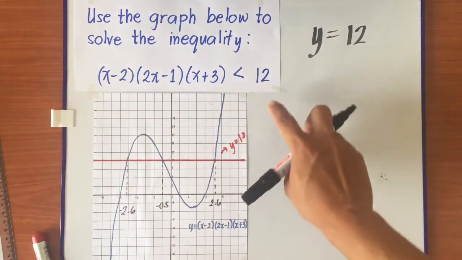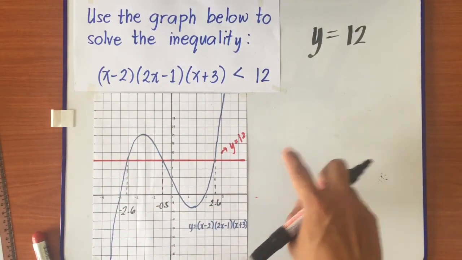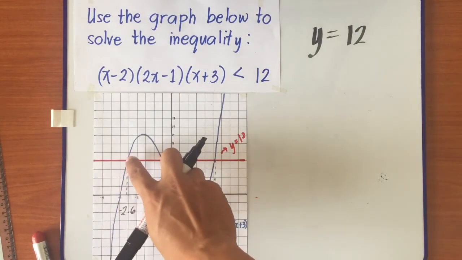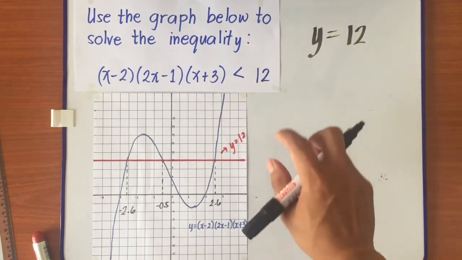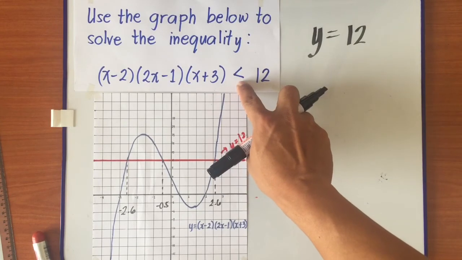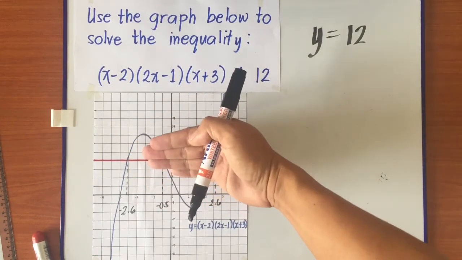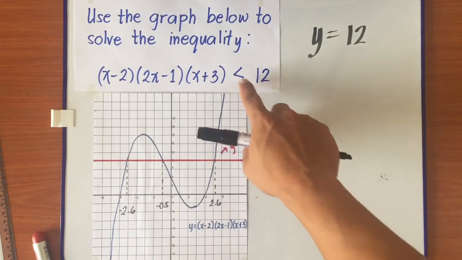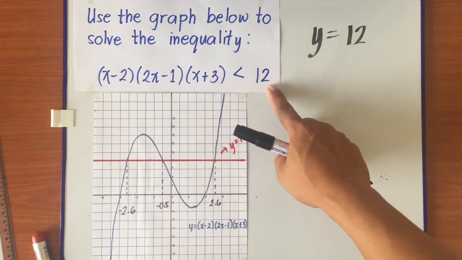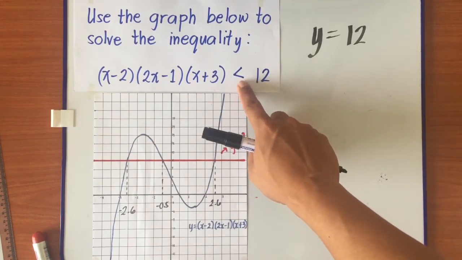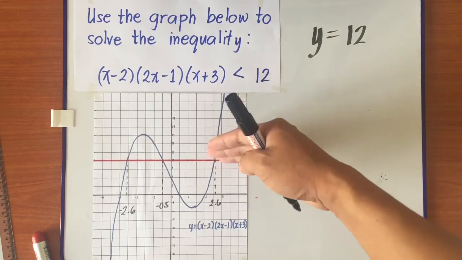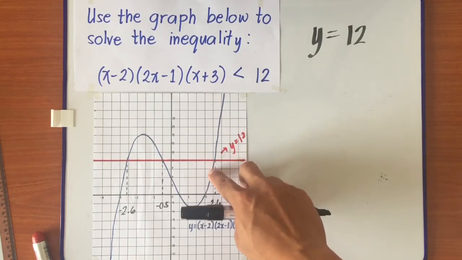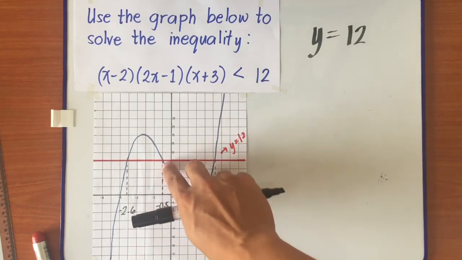Let's now see which values of x you are going to consider in solving this inequality. It says less than, so it means lower or below y is equal to 12. Below because it's less than. I am repeating it again so that you don't get confused. Below means I am going to consider this part, and you know that this is 0.